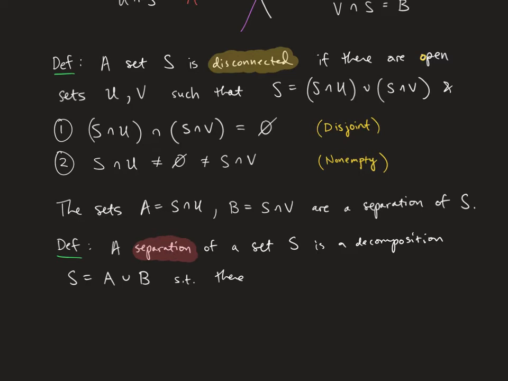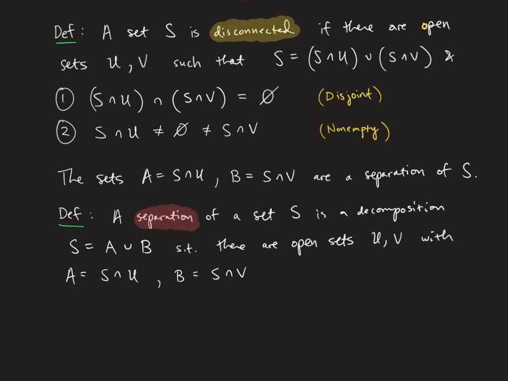So a separation is a decomposition such that there are open sets U, V with A equal to S intersect U and B equal to S intersect V. And additionally, A intersect B is equal to the empty set.